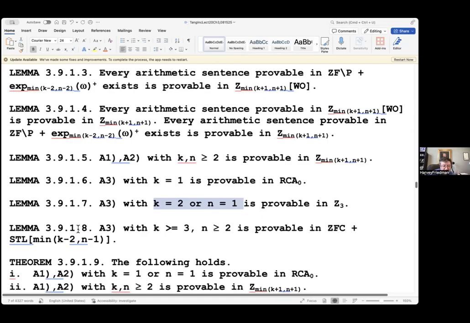Yeah, all right. So, okay, but it looks like I'm getting Z2, but I'm actually getting something lower if I actually let N equals 1. So this is certainly a true statement. When N is 1, the result is better. When N is 1, it's nothing. It's provable trivially. Okay, maybe a little confusing.